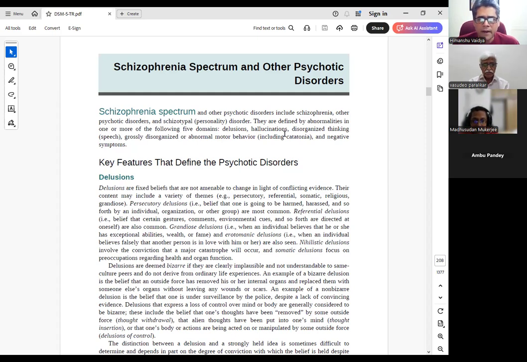So schizophrenia spectrum disorders, here what we will see is psychotic disorders and schizophrenic disorders, the lighter ones and the difficult ones. So how do we differentiate the two? If we look at mild, moderate, severe, and if we look at this chapter, we are looking at moderate and severe, relatively speaking.